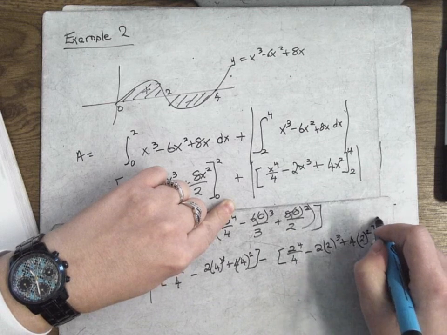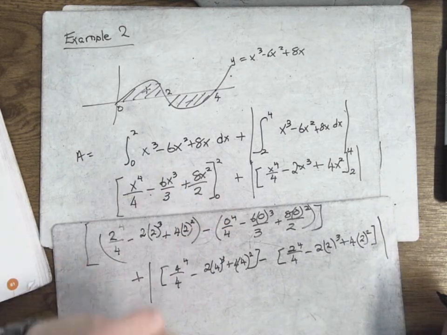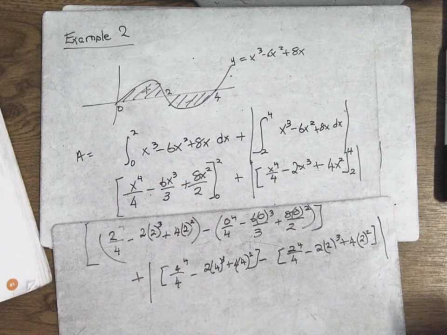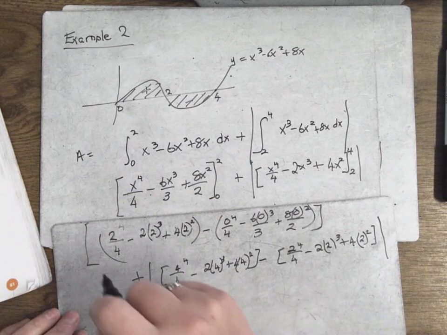And then 2 straight lines around that, as in take the positive value. Okay, working all this out.